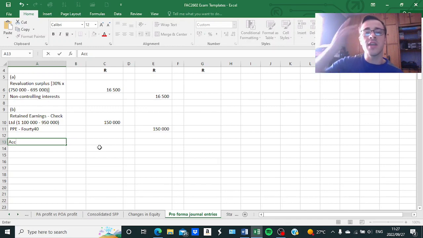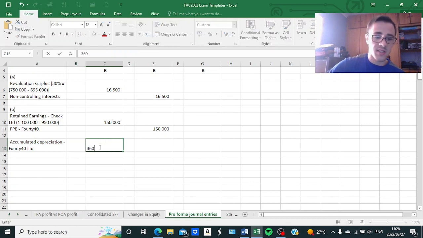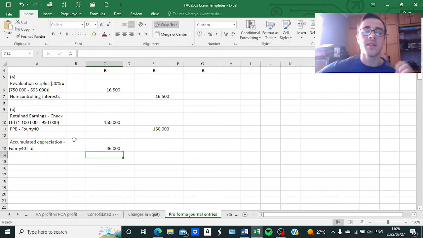Therefore we have to decrease the total depreciation that they provided for. So we debit accumulated depreciation for 4040 Limited. The total, as we have calculated, amounts to 36,000, because that includes the previous period as well as the current financial year's depreciation that must be eliminated for consolidation purposes.